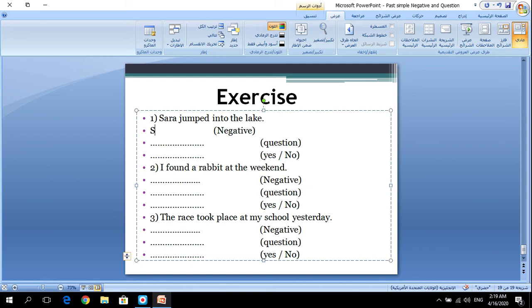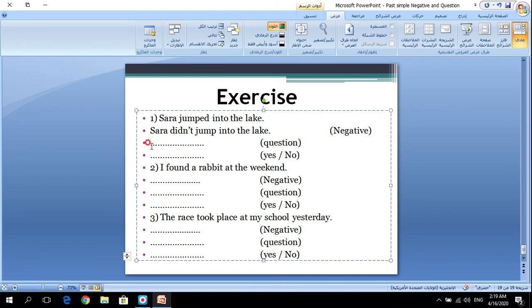Change into negative. You have to say Sarah didn't jump into the lake. Yes, correct. This is the negative form. Didn't plus jump, here is the verb without ed.